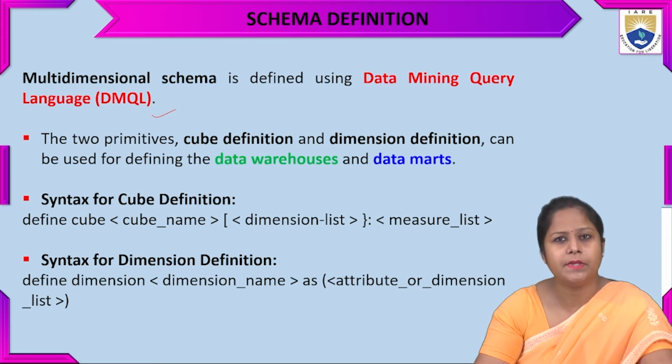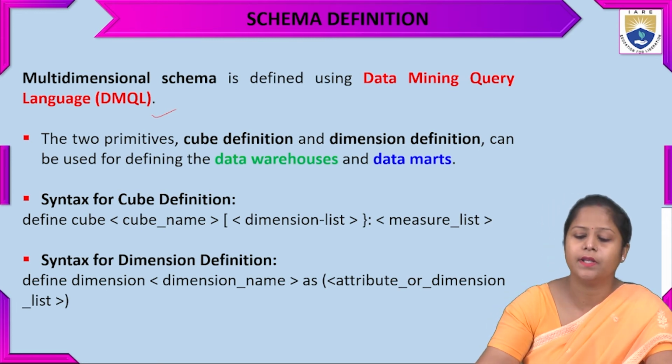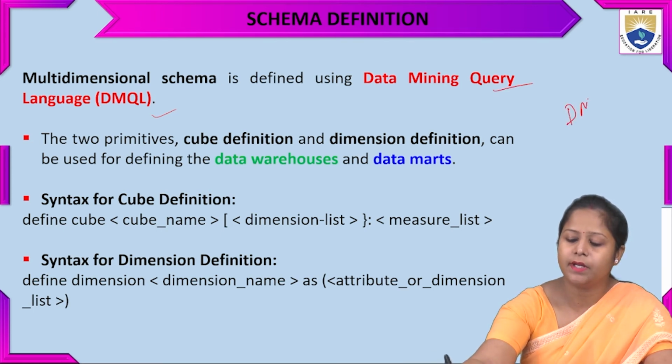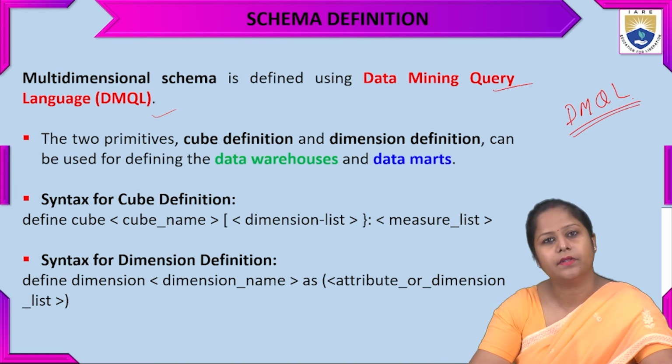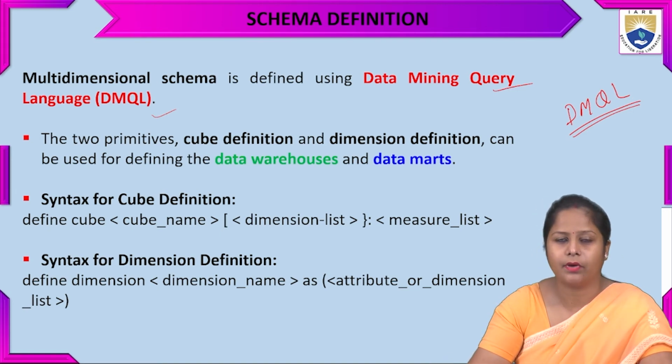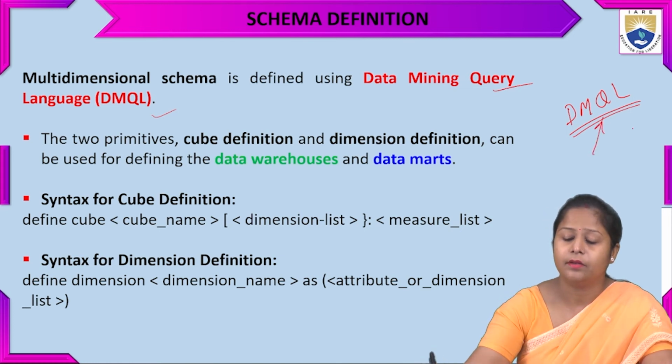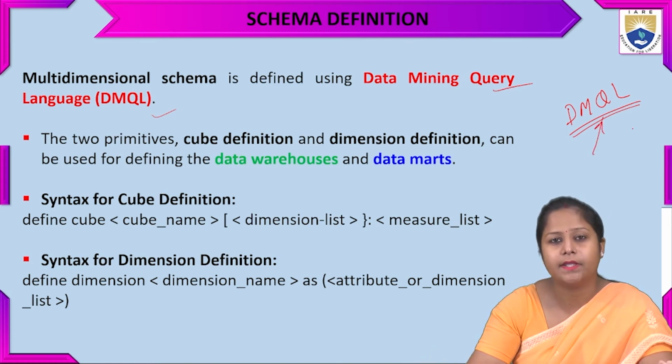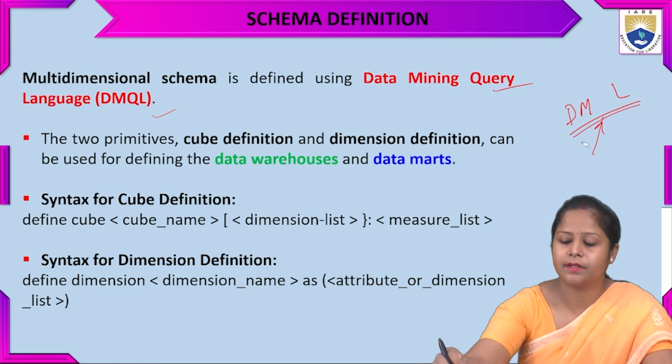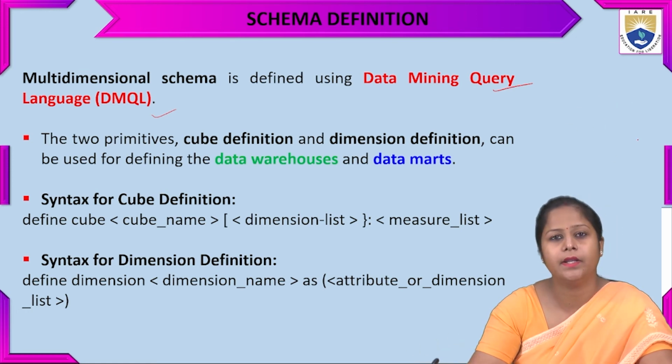In the multidimensional schema, that is defined using the data mining query language. So we will use DMQL, the data mining query language, to write the queries. To write the schema, we have the schema definition, and we write it in a structure, a syntax, with the help of the data mining query language.